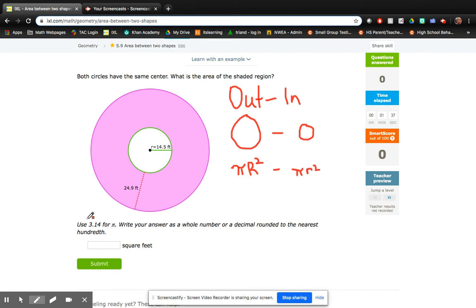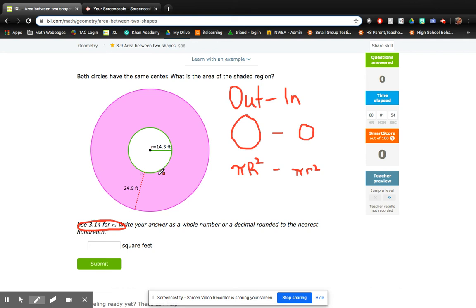Okay. Now it does tell you to use 3.14 as pi, so I'm going to be using that. And if you're using your phone calculator because that's all you've got, I'm also going to show you how to expand it so you can type it in easily.